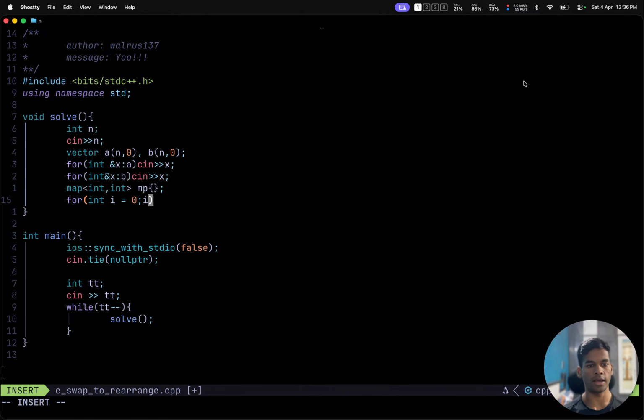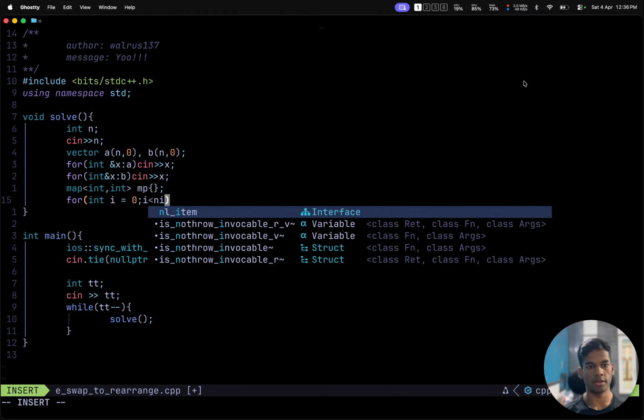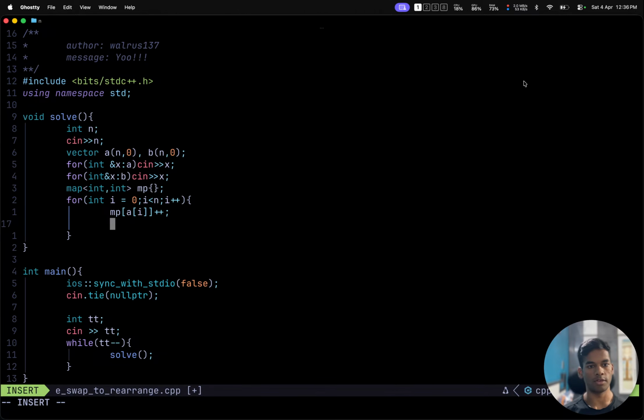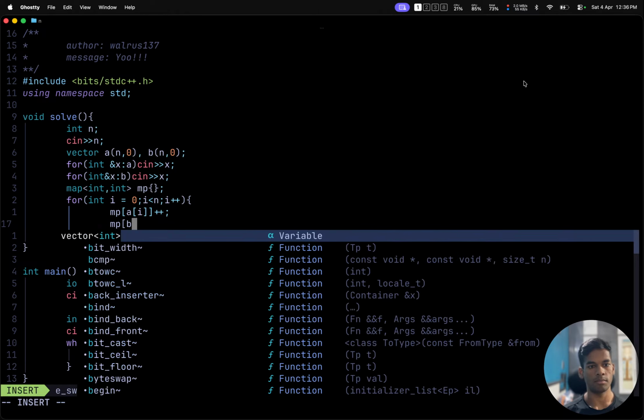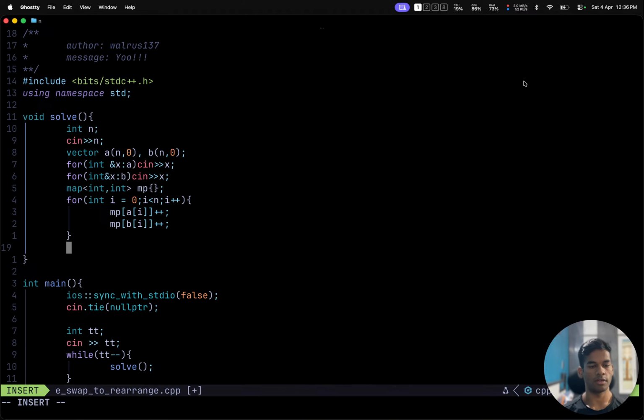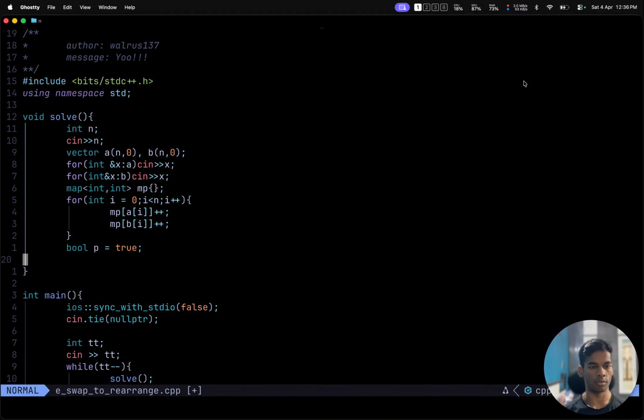For int I equals 0, I smaller than n, I plus plus, MP AI plus plus, MP B I plus plus, and bool possible equals true.